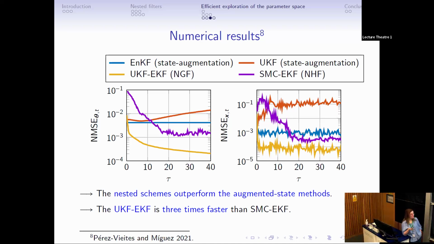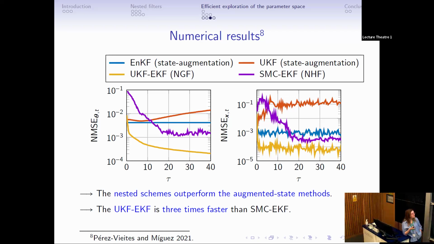I also wanted to show how it works compared to some state augmentation methods. That basically is the simplest way to tackle the problem. That is, okay, let's assume that theta is static, but what if we treat it like another part of the state? Like we add some artificial dynamics to it, and it's like an extended state vector, and we just go on with it.